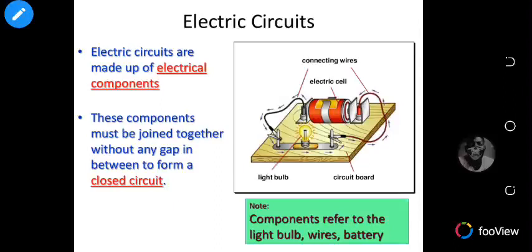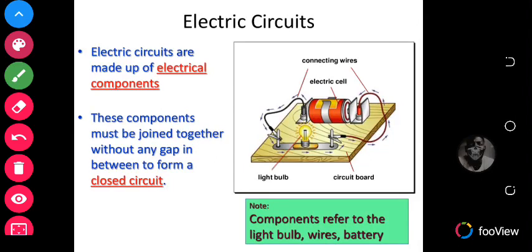So electric circuits are made up of electric components. All the things you see around here are electric components.